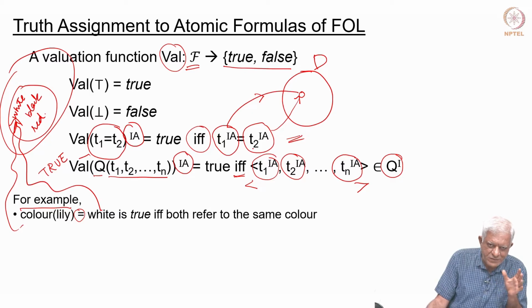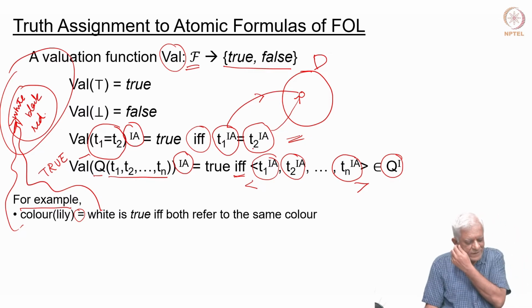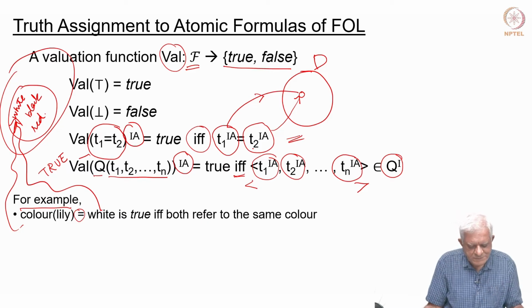But it is a mapping, somebody might, if they want to pull your leg, map white onto blue, and then you would be wondering why is this lily blue, but that is a different matter. So, if they both refer to the same color, then that formula is true.